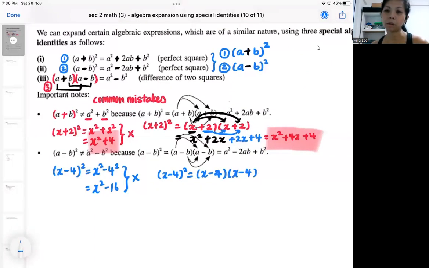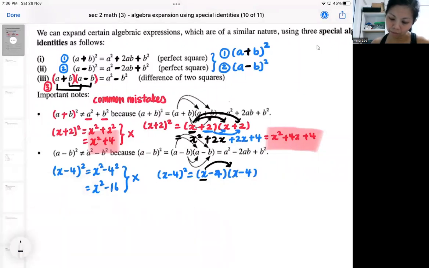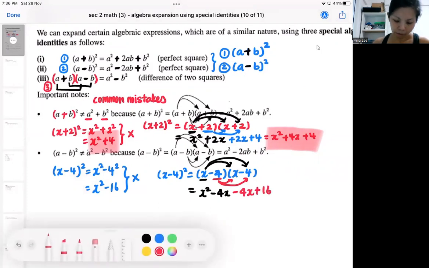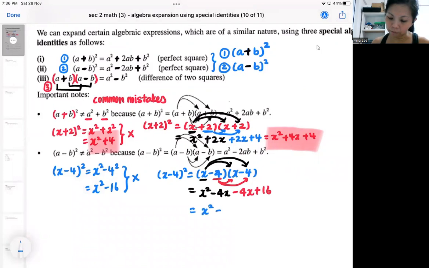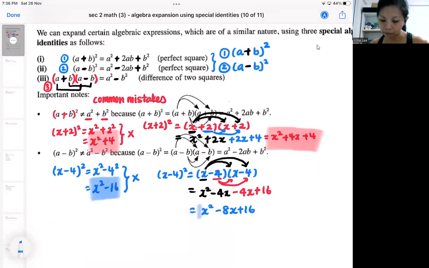That means the bracket is repeated twice, and if you have done your arrow method, take the first guy, multiply, take the second guy and multiply. You will end with this. So please take note. This is totally wrong. This is the correct one. Make sure you do not make this common mistake.